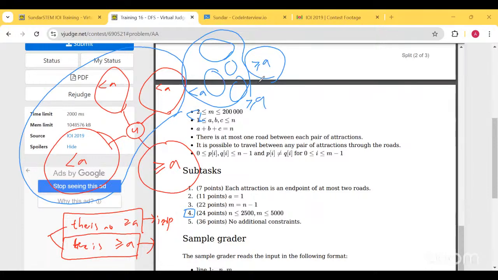If there is, just create a configuration because one of them shall be greater than or equal to b. But if this is greater than or equal to a but the other is less than a, just find the other root. If there is no root like that, just return impossible.